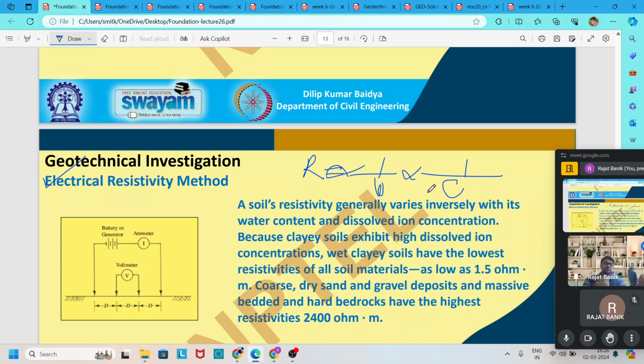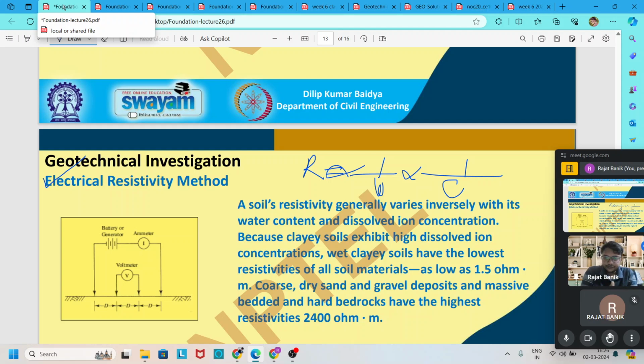Because if water is more in the soil, then current can easily flow through the soil. Again, if the ion concentration is more, current can easily flow through the soil.